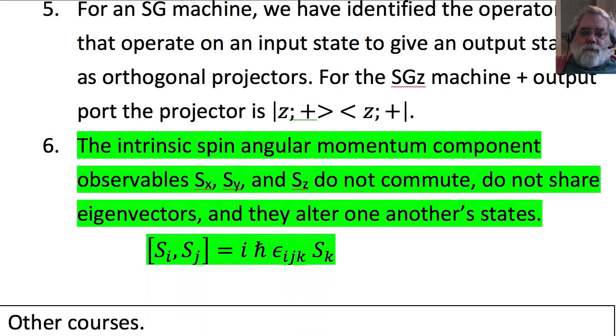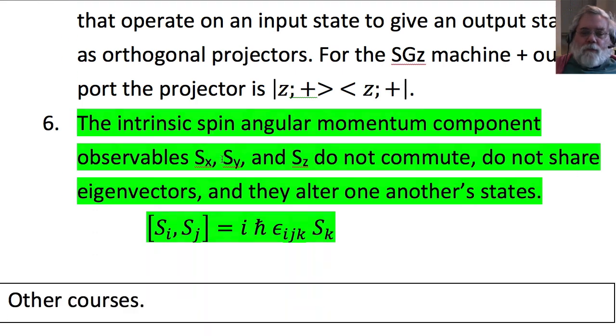The intrinsic spin angular momentum component observables Sx, Sy, and Sz do not commute. They do not share eigenvectors, and they do alter one another's states. We have the following commutator relation for the spin angular momentum component observables.